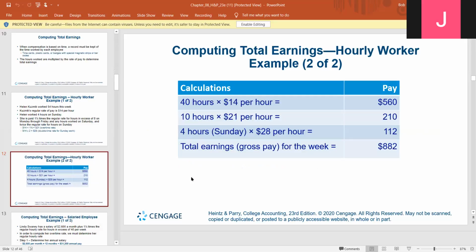You just multiply it out: 40 hours times 14, 10 hours times 21, 4 hours times 28. You follow that, Jonathan? Yeah, that shouldn't be too tough. So now you see how to get the gross earnings for an employee.